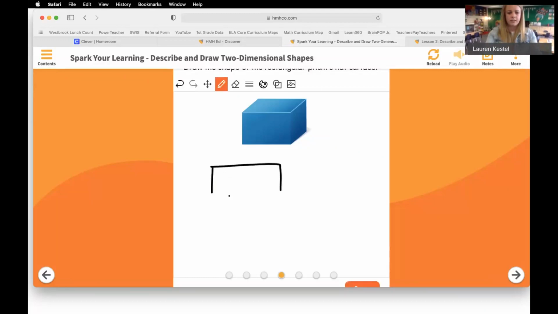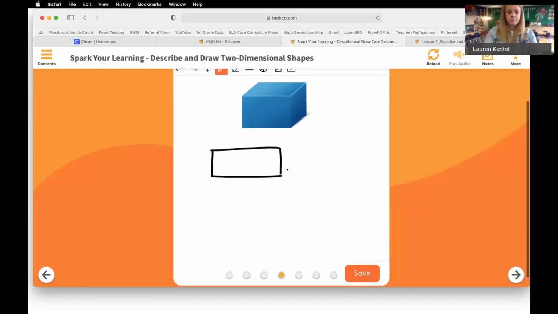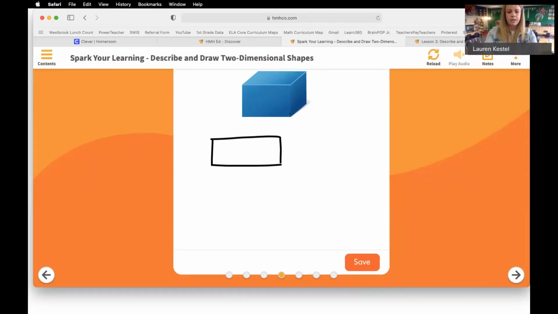So when I draw a rectangle, I'm going to have 4 sides, 1, 2, 3, 4, and 4 vertices, 1, 2, 3, 4. It's different from a square though, because I have 2 short sides and 2 long sides. A rectangular prism is made up of rectangles.